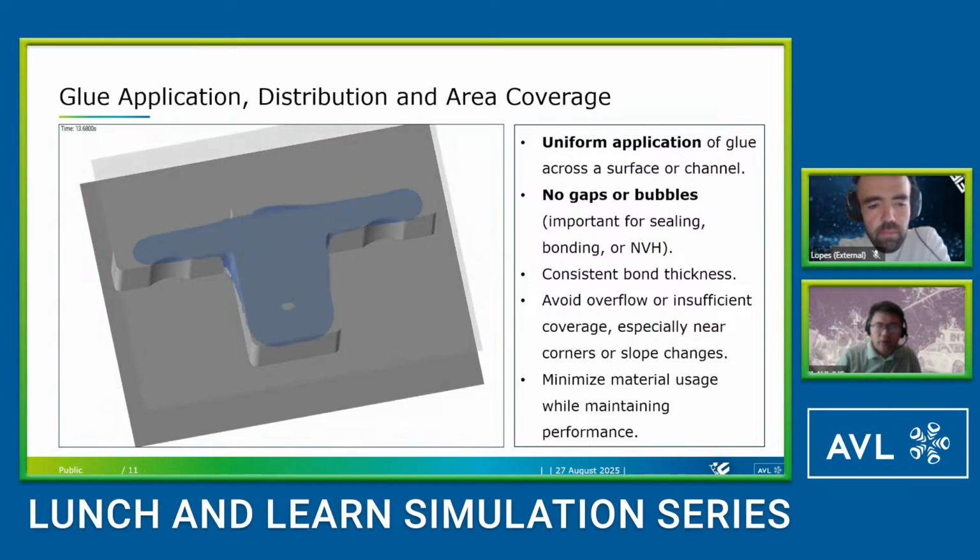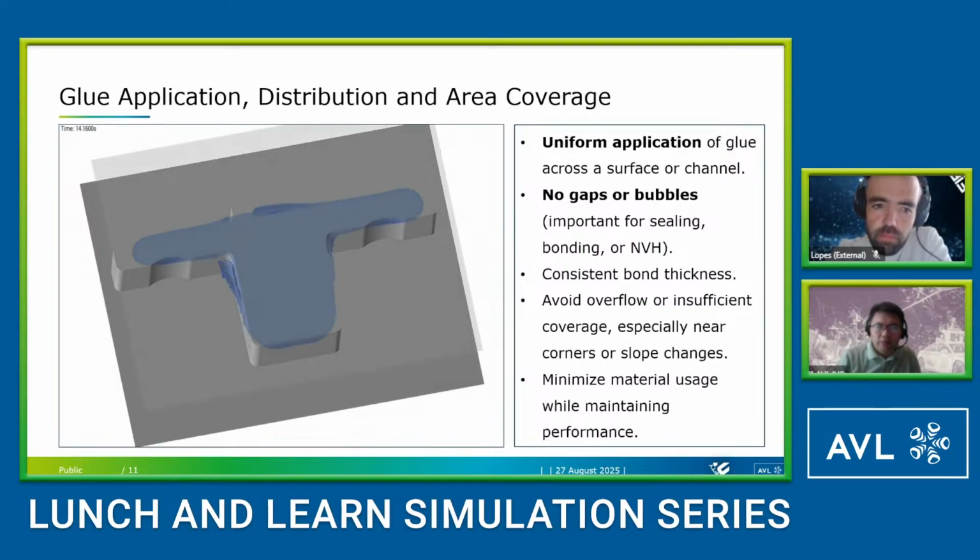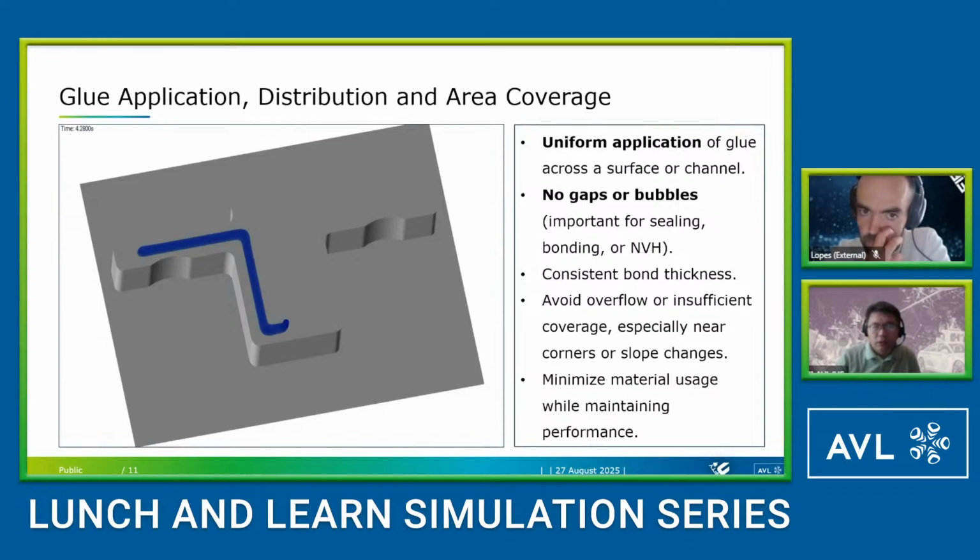So this is quite challenging sometimes. With PreonLab, we can simulate how this glue behaves on the surface and help the engineer virtually optimize the application process, making sure the right amount of glue goes to the right place, so saving both the cost and the rework.